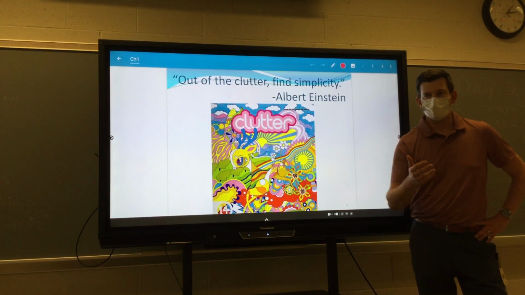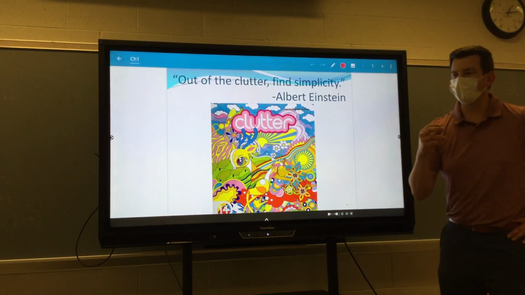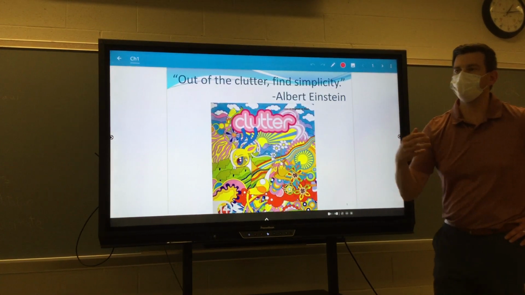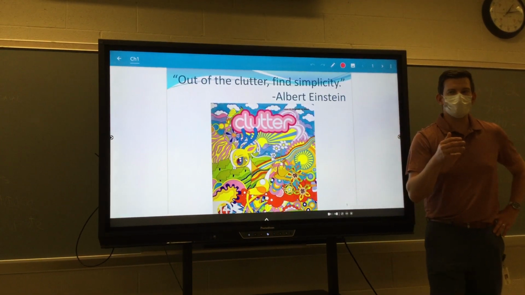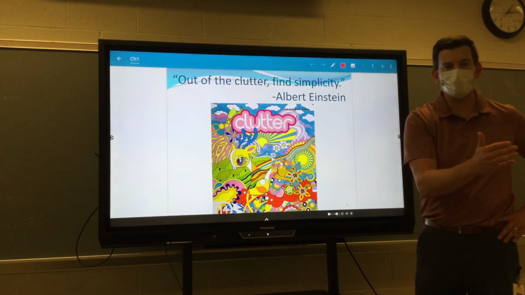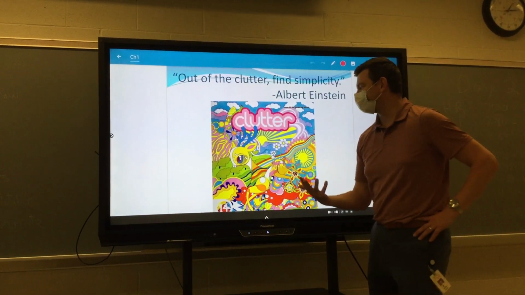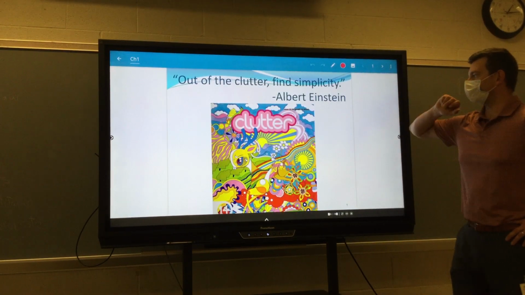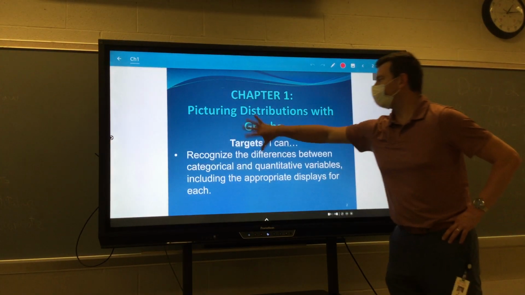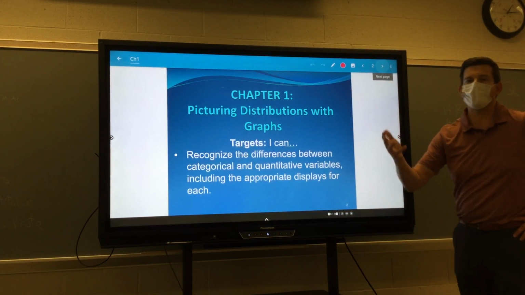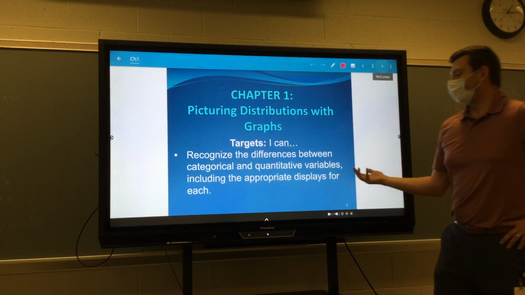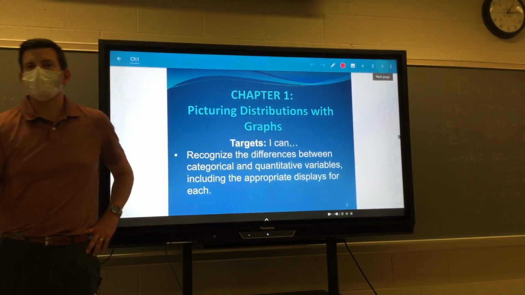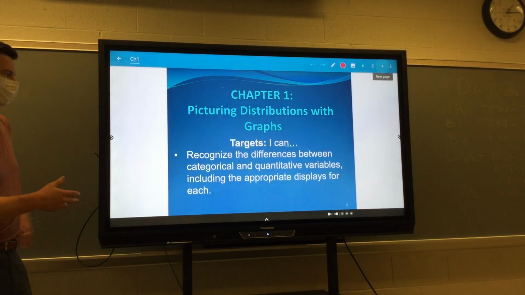But Einstein said, out of the clutter, find simplicity. Find a visualization to let this data show you what's going on. What are the trends that are happening? And that's what we're looking at today. We're picturing these distributions with graphs. Now, we're using our visual techniques to demonstrate our data sets.